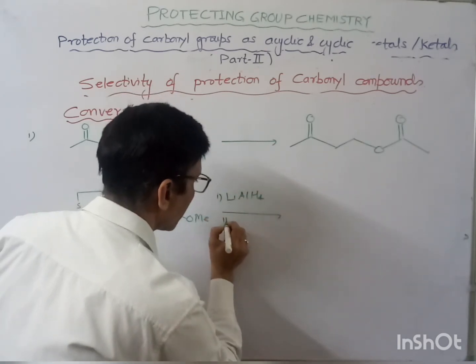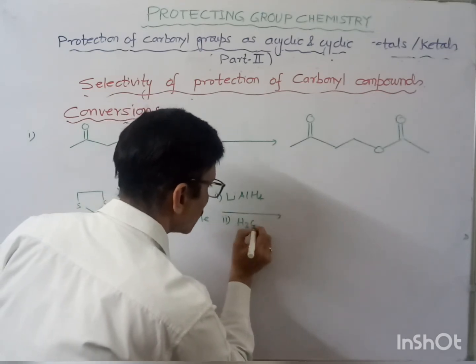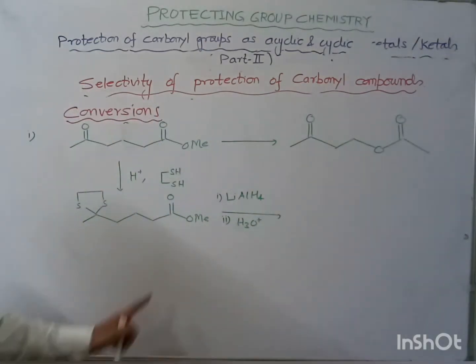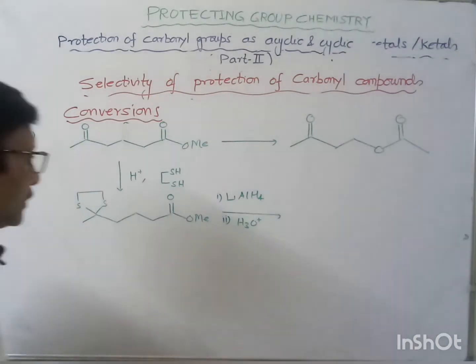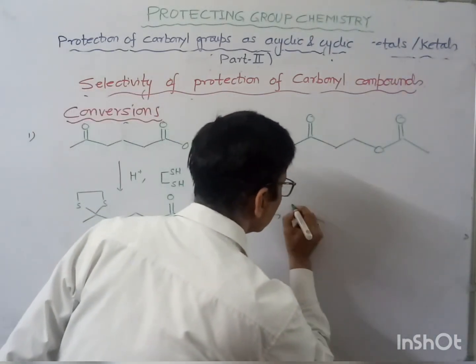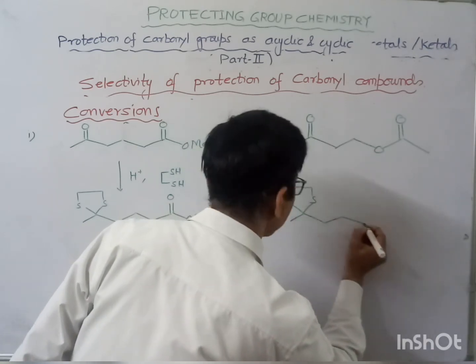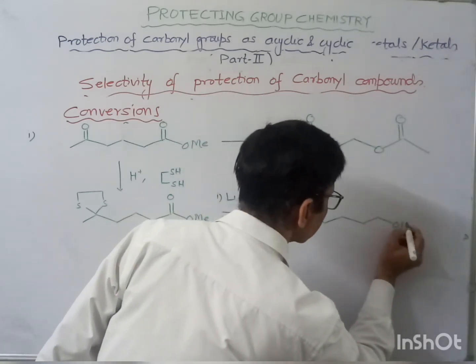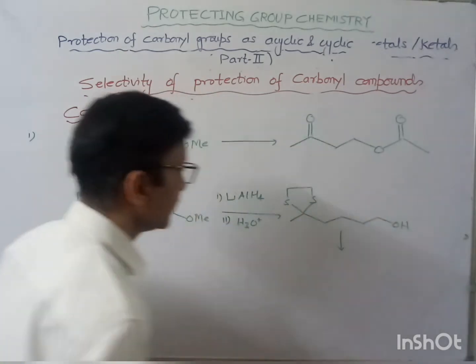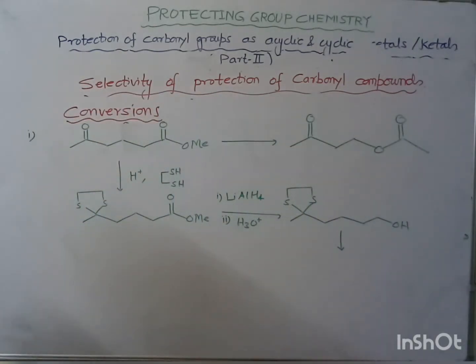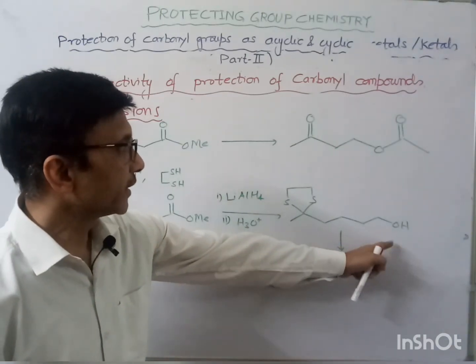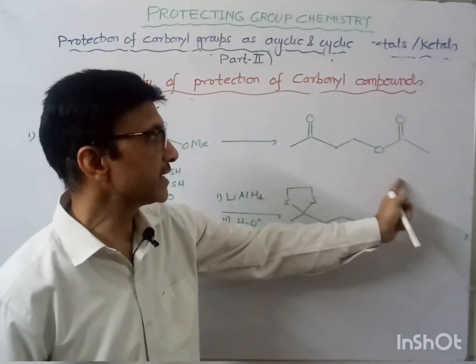Now in the next step we can do the reduction, followed by acid hydrolysis. Now this will get reduced to the alcohol, this OH. In the next step, we should have this acyloxy group here.